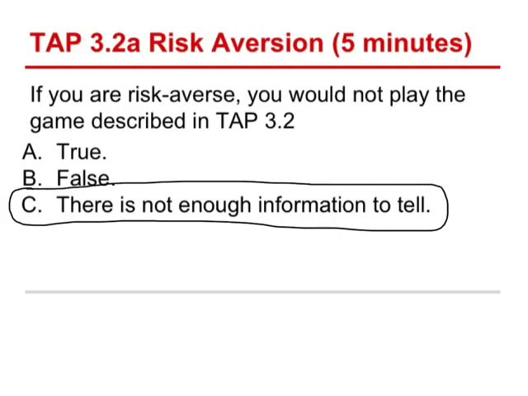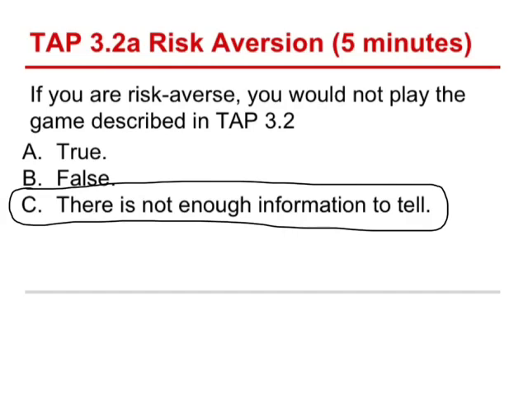And the reason we don't know is that we know that the game has a positive 12.5 cent expected value. So on average, if you play it enough, you're going to come out ahead. But for you, given your risk aversion, is 12.5 cents enough to compensate you for taking on that risk? And that is idiosyncratic.